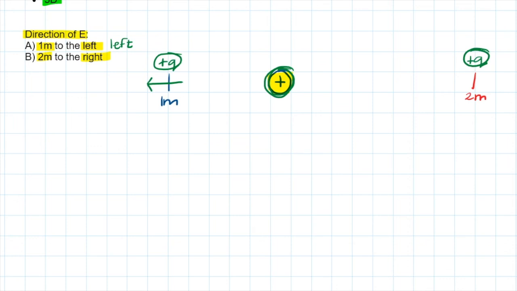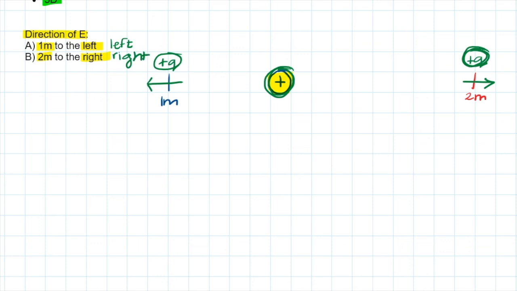Since positive is repelled by positive, we expect this positive test charge to move away from the positively charged particle, and therefore it will be pushed towards the right. We therefore say that if we are required to determine the direction of the electric field 2 meters towards the right of this positively charged particle, it will be towards the right.